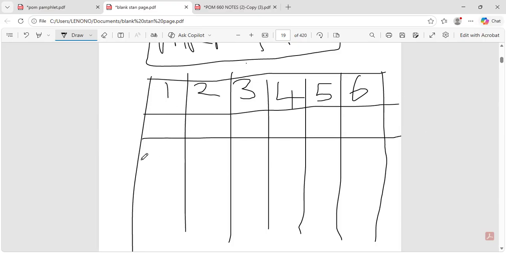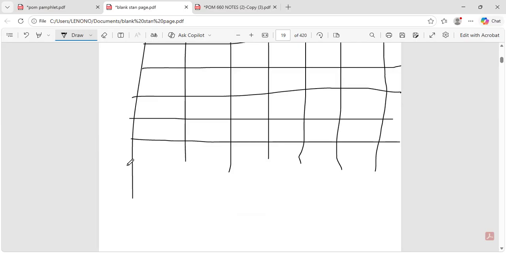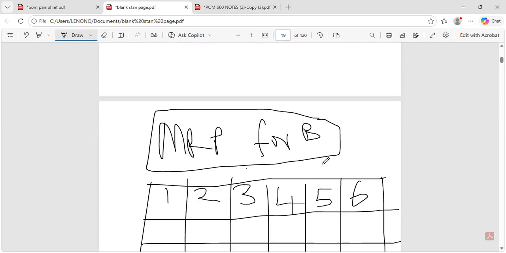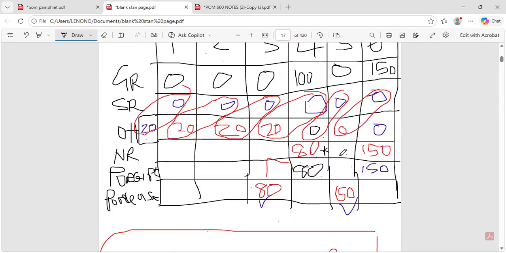Okay, so now before we continue with MRP for B, I have to make mention of one thing here: in an exam, you need to use a pencil. The lecturer removes the receipt row.